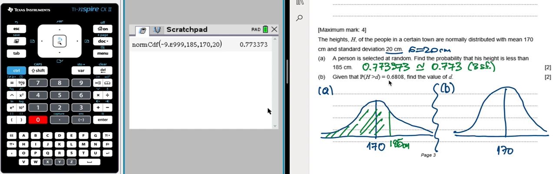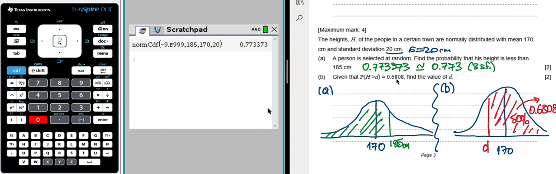So let me choose a d which is on the left half, because I know that this is the 50%, correct? If I want the area to be bigger than 50%, at 0.6808, then I might as well put the d on the left hand side, right? And that's the information that I have, that the area here is 0.6808. Don't forget the area under the curve sums up to 1, because this represents all the possible probabilities.